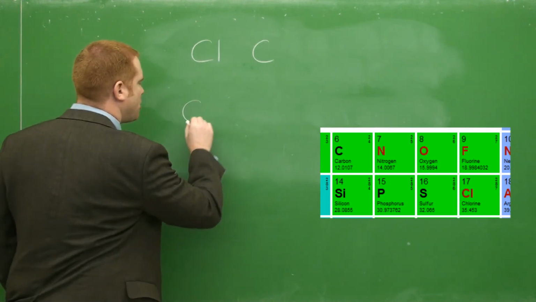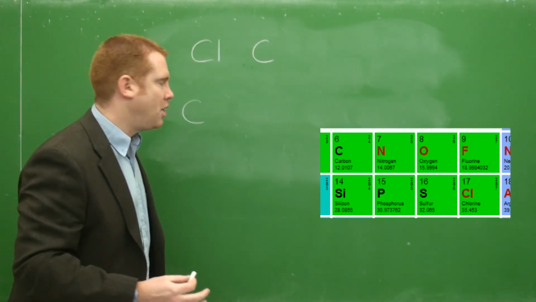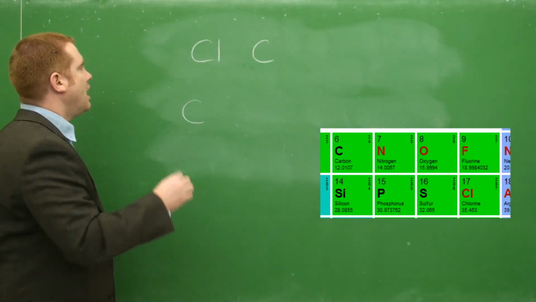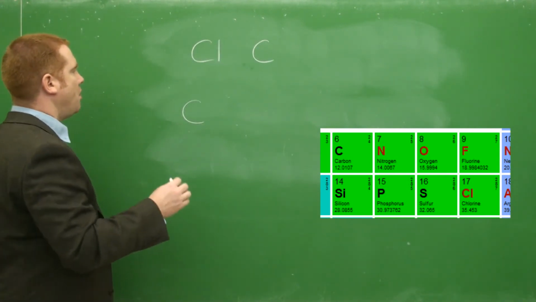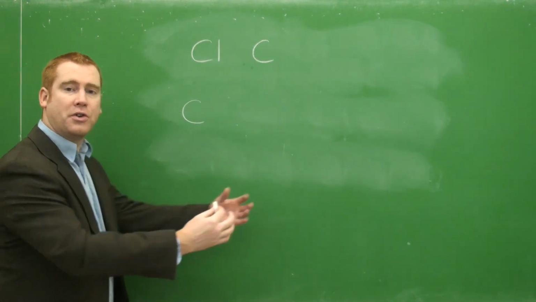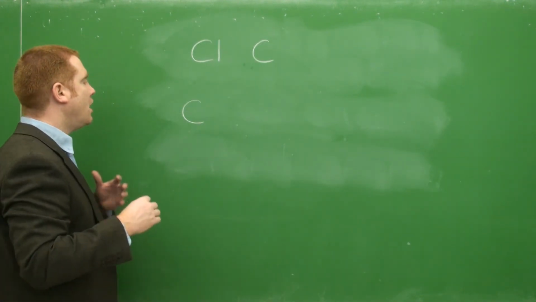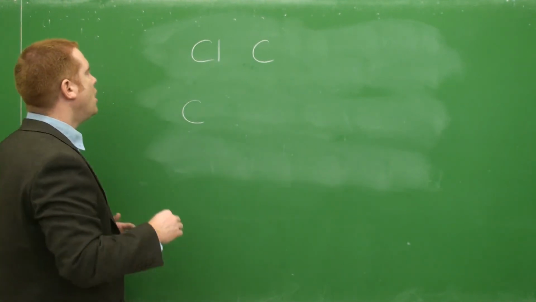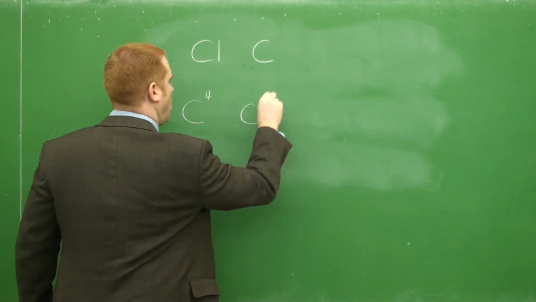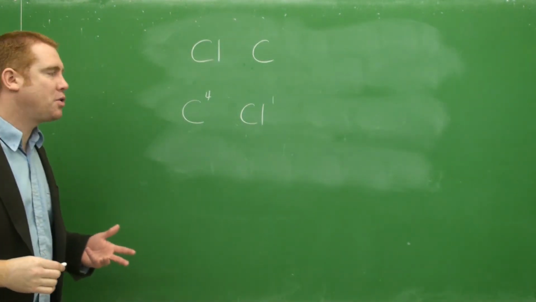So again, I'm going to draw on our knowledge of valence electrons here. Carbon wanting to make 4 bonds, chlorine wanting to make just 1. So carbon comes first because it's further to the right on the periodic table, only wants to make 4 bonds. Chlorine wants to make 1 bond, and in this case we will crisscross.